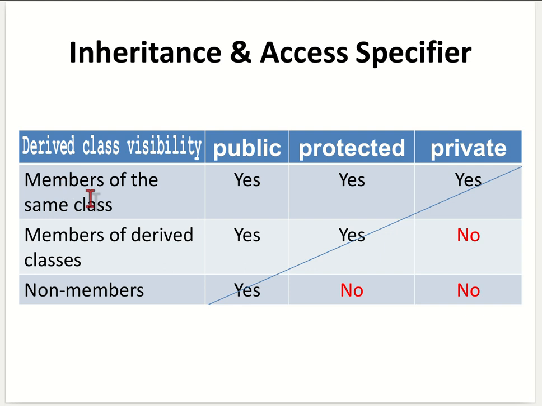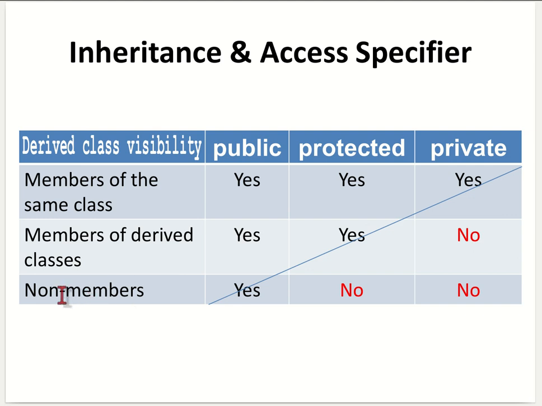Members of the same class can access protected and private as well. Members of derived classes can access the public as well as protected, but private cannot be accessed.